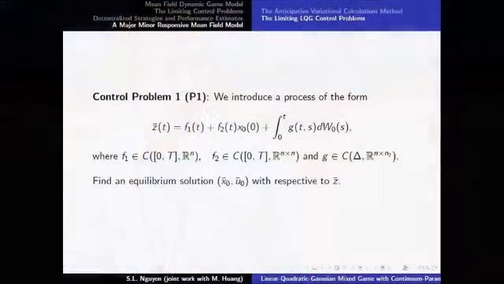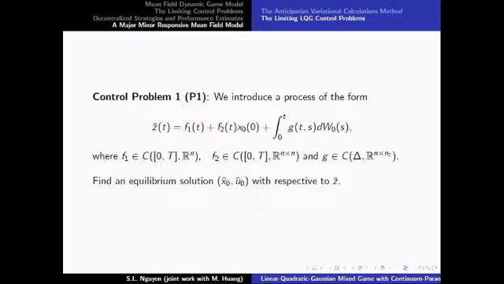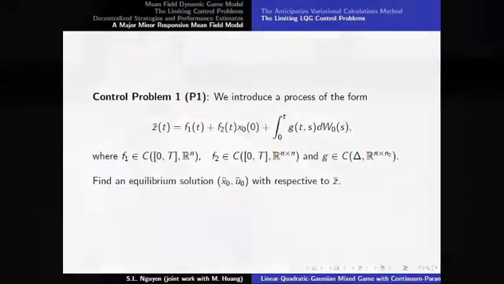In this way, we can also construct the limiting control problems with the same limiting process Z bar, and we want to find an equilibrium solution x naught bar, u naught bar with respect to Z bar.